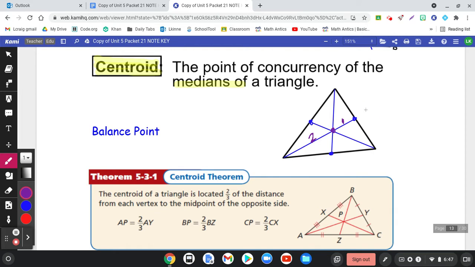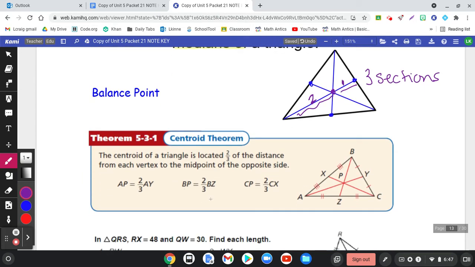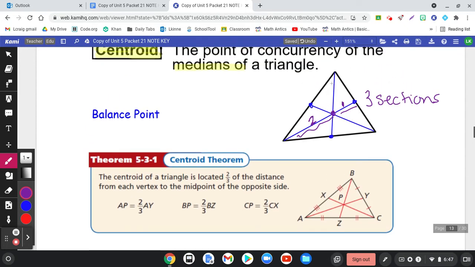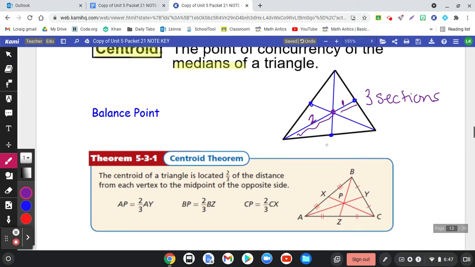All right, so basically each one has 3 sections. The big part has 2, the little part has 1. You could also use this, but I think it's easier to look at it in terms of sections. All right, so same thing up here. If this part is 10, this part's 5, and the whole thing's 15.